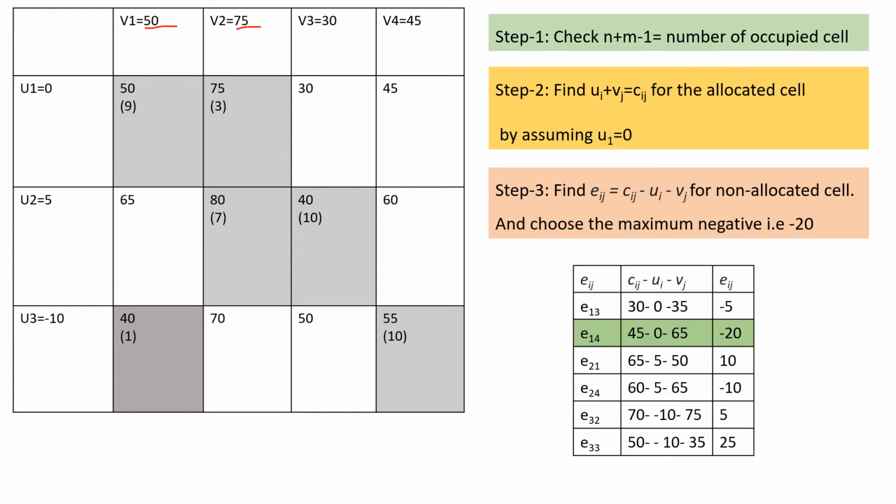And the next is to find Eij equals Cij minus Ui minus Vj for the non-allocated cells, and we have to choose the maximum value.